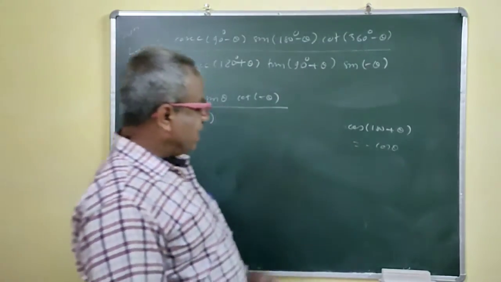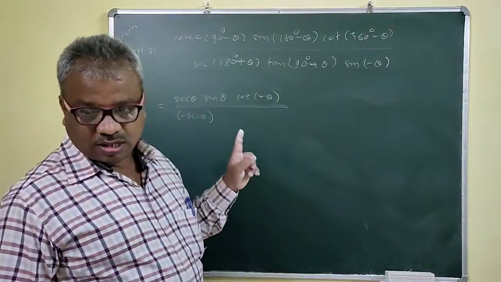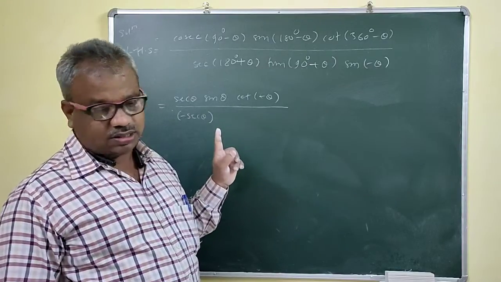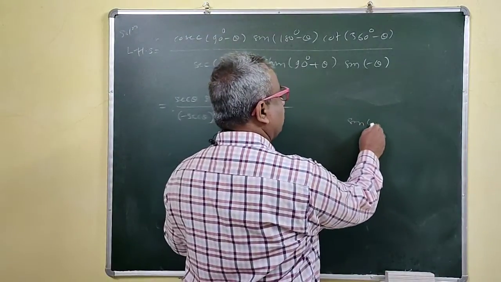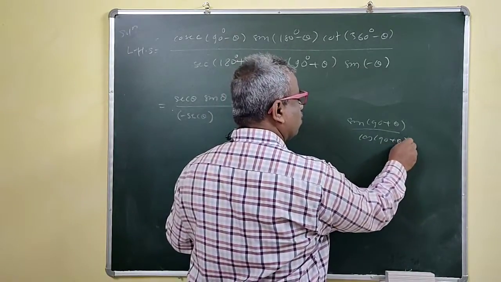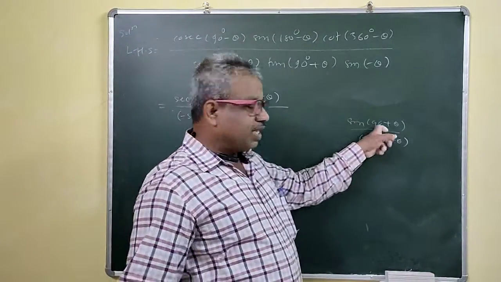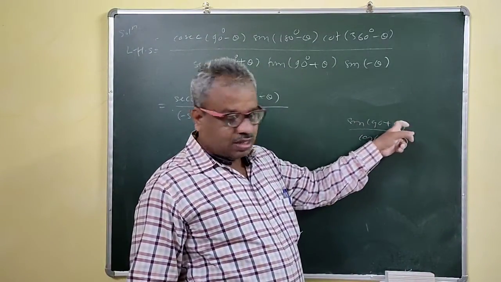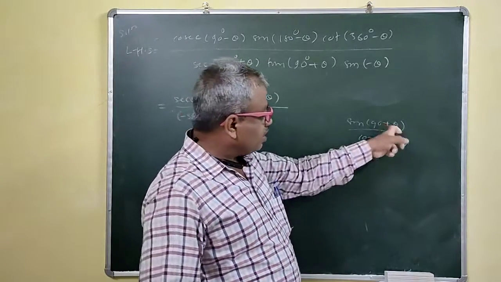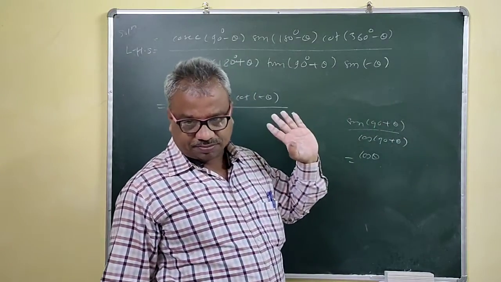Okay. Now tan 90 plus theta. You cannot apply the formula for tan a plus b because tan 90 does not exist. So what we have to do is sin 90 plus theta upon cos 90 plus theta. Sin 90 cos theta means this is cos theta, your first term is cos theta. Your second term is sin theta cos 90, but cos 90 is 0, so there is no second term.